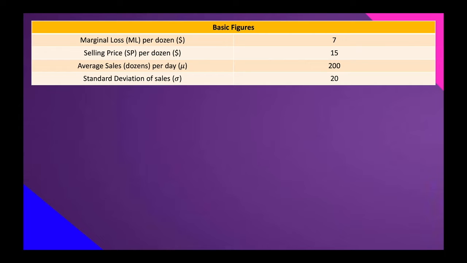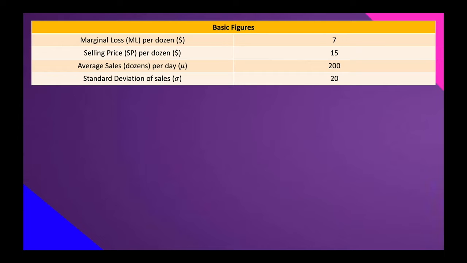Take note that in 1 dozen, we have 12 pieces of donuts. So, the unit mentioned here is always in dozens. So, average sales in dozens per day is represented by mu. Again, when we say mu, this is the population mean. When X bar is used, that only represents the sample.